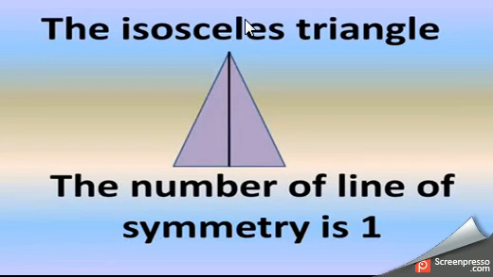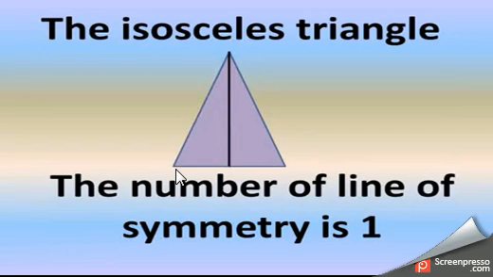What are the properties of an isosceles triangle? It has 2 equal sides and 2 equal angles. So when I draw the line of symmetry here, this side equals this side and this angle equals this angle. When I fold these two parts, they will cover each other.